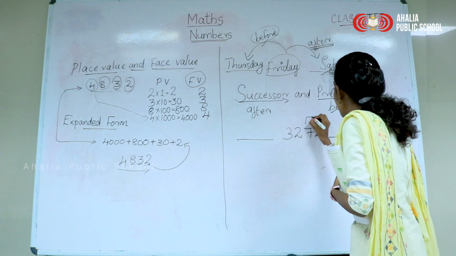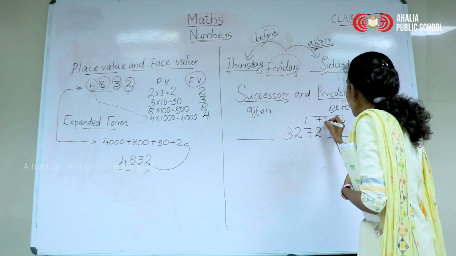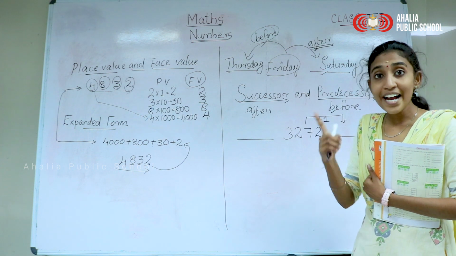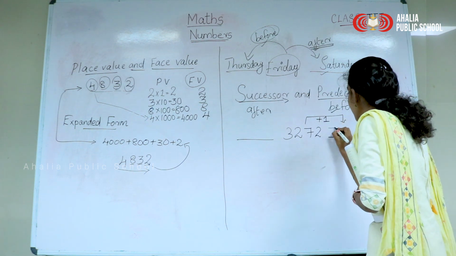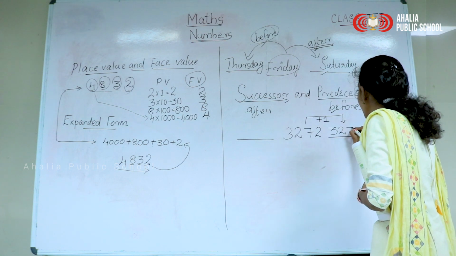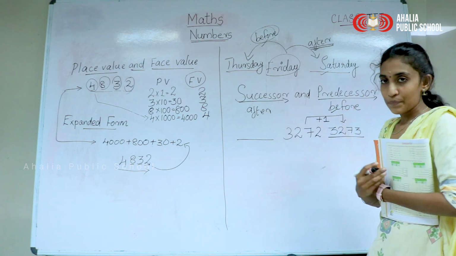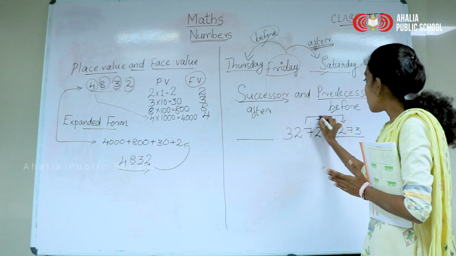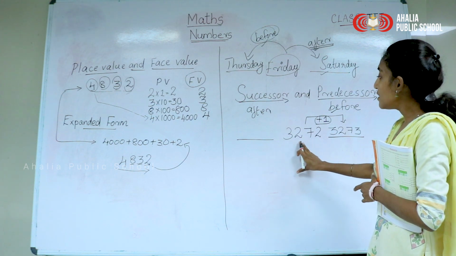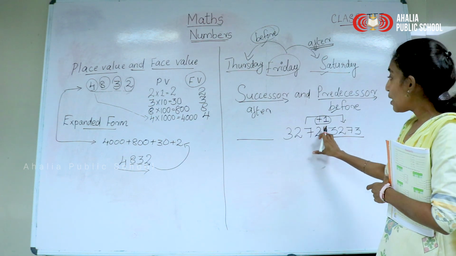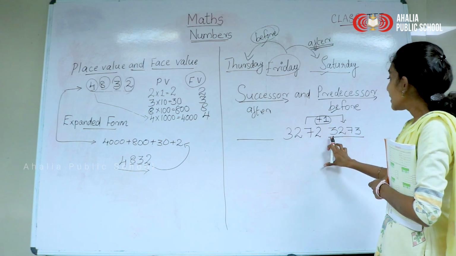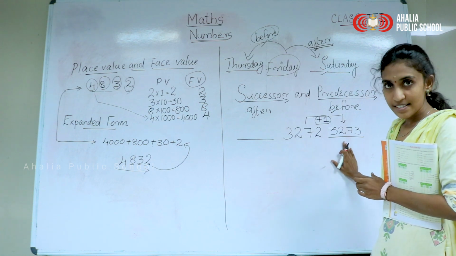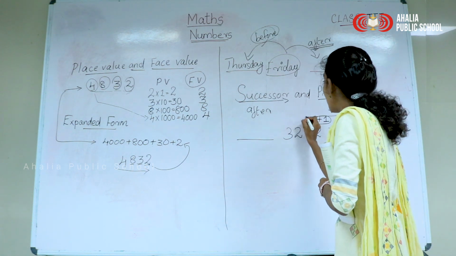To find the successor we will add 1. ഇതിന് ശേഷം വരുന്ന നമ്പർ കിട്ടാൻ നമ്മൾ add 1 ചെയ്യും. So the answer is 3273. 3272 plus 1 gives 3273. അതായത് the successor.